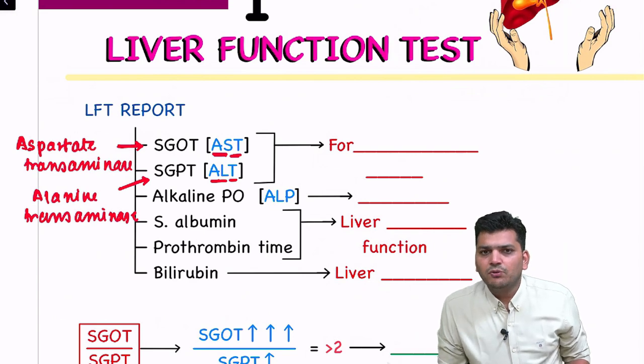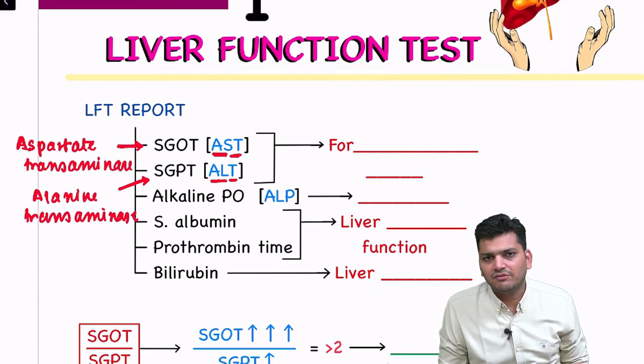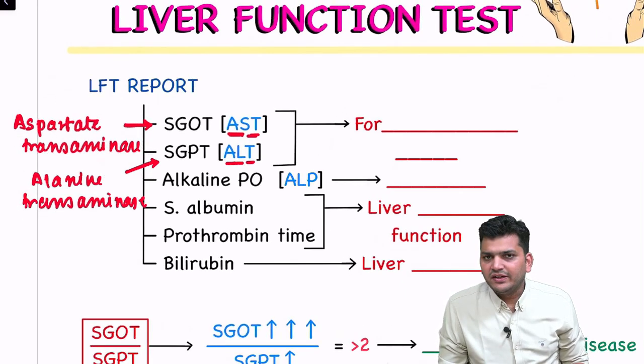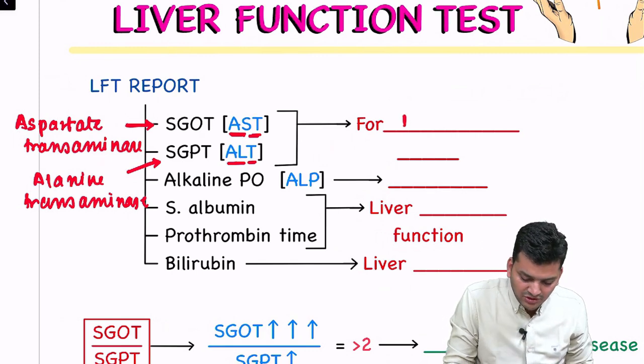SGOT and SGPT basically tell us about the hepatocellular function, meaning how the hepatocytes are working. Whenever they are deranged, they are indicating hepatocellular injury.